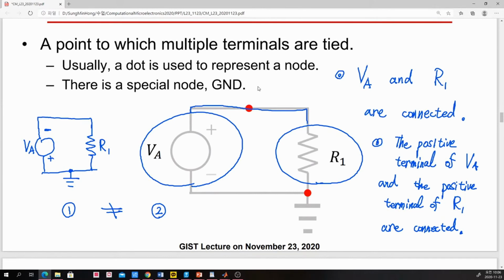That would be much more specific, and that is enough to identify this connection without any ambiguity.